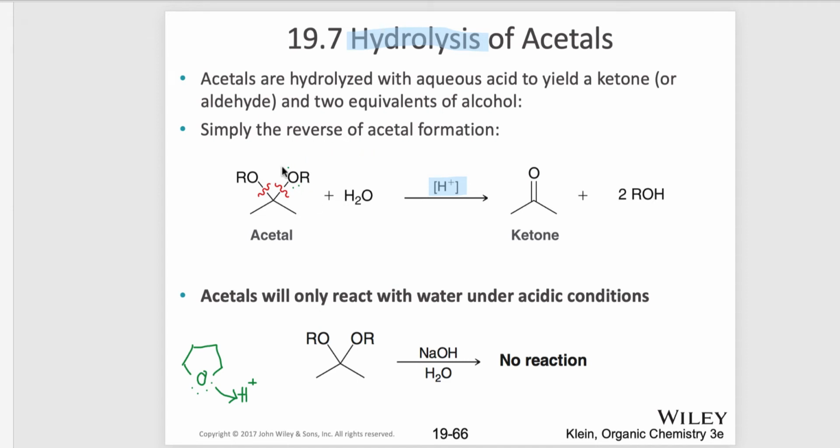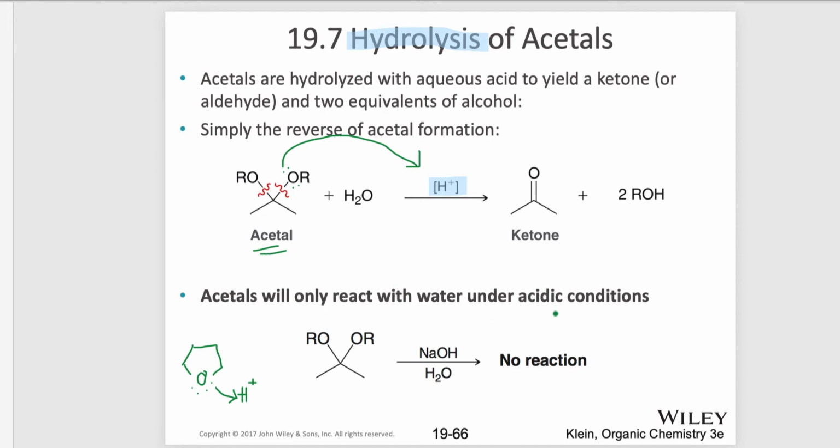We need one electron pair that is going to then attack that proton. Basically, I'm pointing out patterns. As with this cyclic ether, we're doing this with what looks like an ether, but because we have 2 of these OR groups attached to the carbon, it now has this fancy name and is called an acetal.